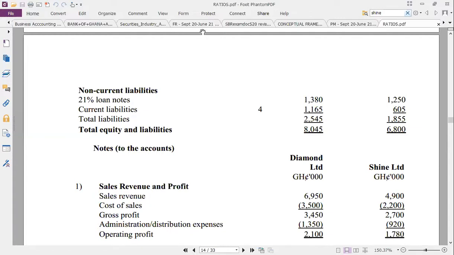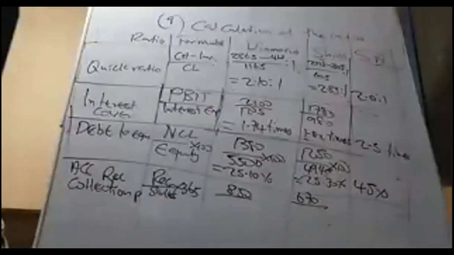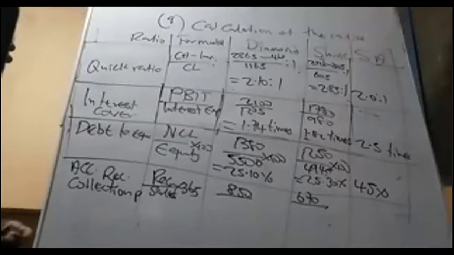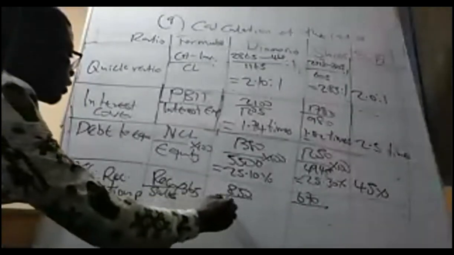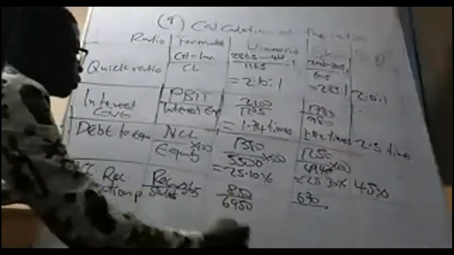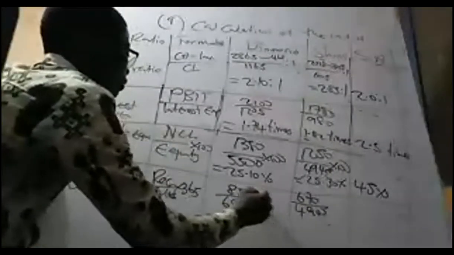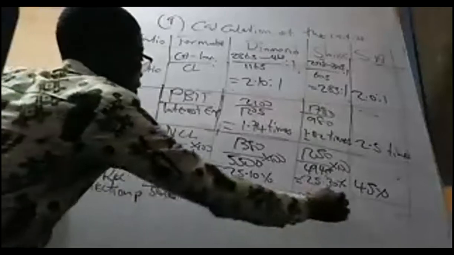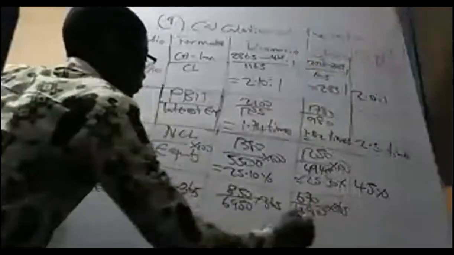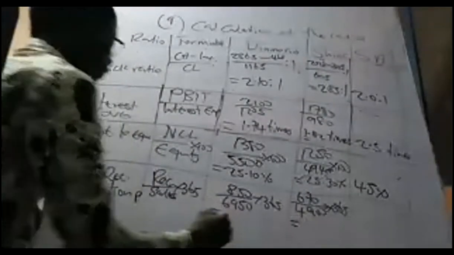Sales figure. Okay, 6950 and 4,900. 6950 and 4,900 times 365, and that'll give us 45 days, right?